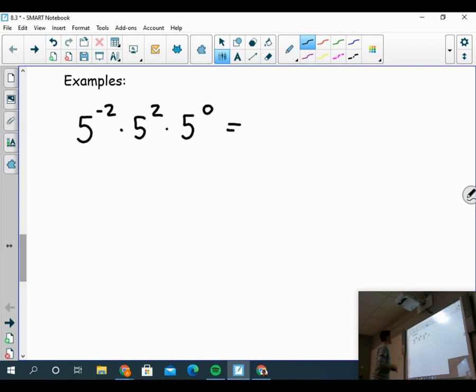Well, again, what I notice here is I have like bases multiplied together, so I can add the exponents. Negative 2 plus 2 is 0. 0 plus 0 is 0. So by using my multiplication property of exponents, I end up simplifying this down to 5 to the 0, which we know is 1. Anything to the 0 power except for 0 is 1.